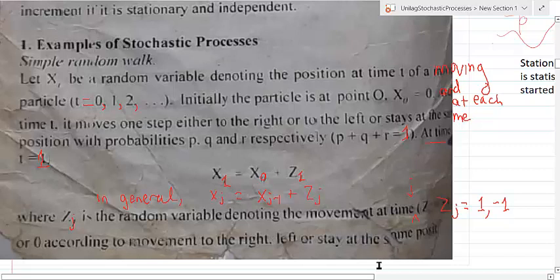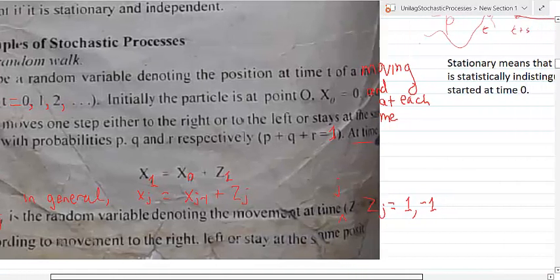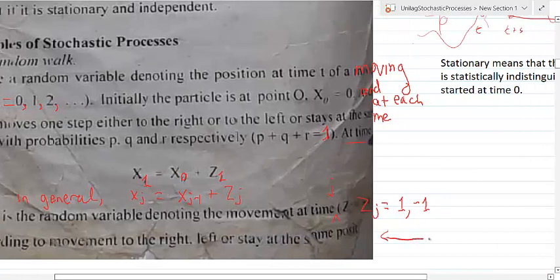All right, let's verify this to make sure we're not confused. So my number line is here. Say I'm at position L. If I move to the right, that will be L plus 1, so that means that z is equal to 1. If I move to the left, that's L minus 1, which means that z is equal to minus 1.